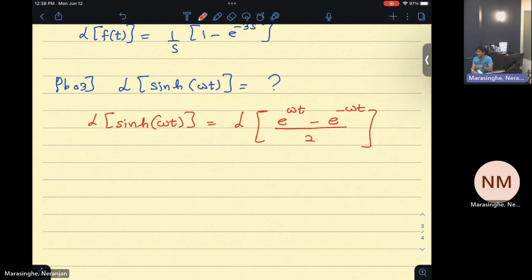Then use the linearity. You can take 1 over 2 out of your bracket, and by linearity write this as Laplace of e to the omega t minus Laplace of e to the minus omega t.